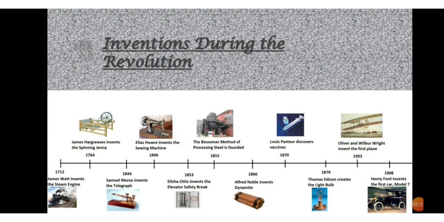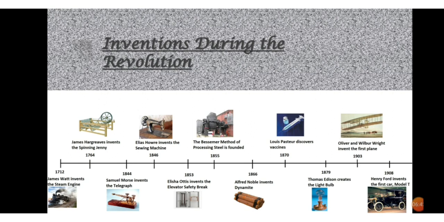Inventions during the revolution were James Watt's invention of the steam engine in the year 1712. James Hargreaves invented the spinning jenny in 1764. The invention of the telegraph in 1844. Sewing machine in 1846. Safety brake in 1853. The Bessemer method of processing steel was founded in the year 1855.